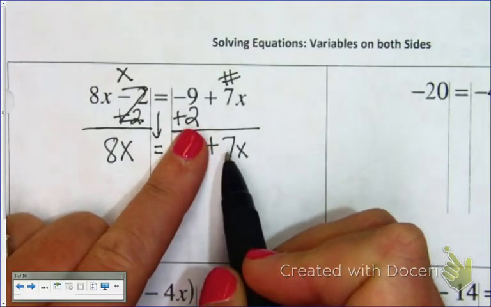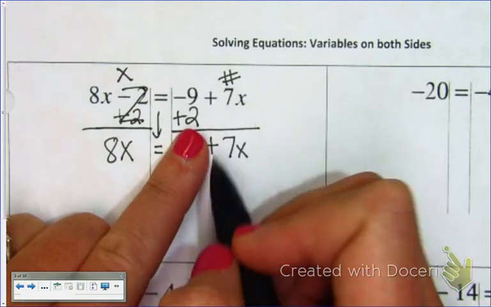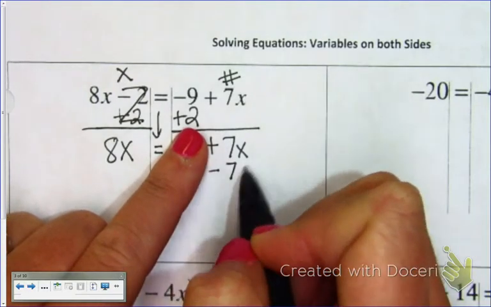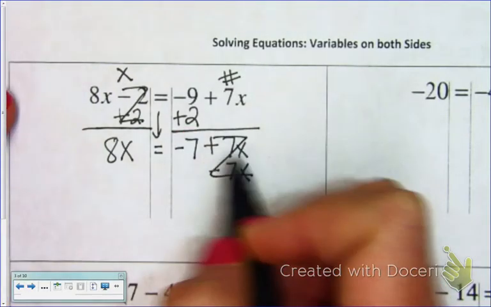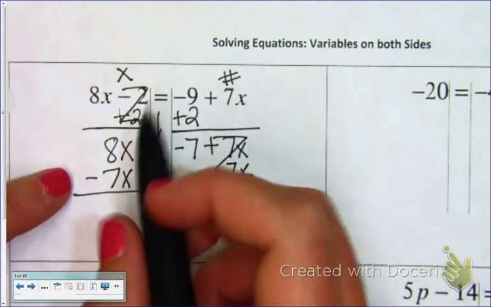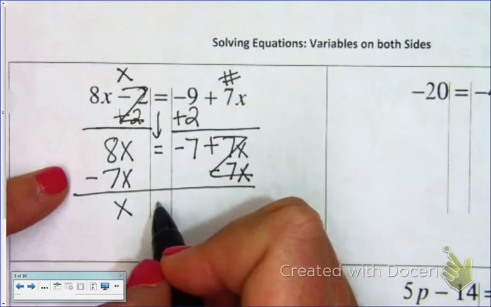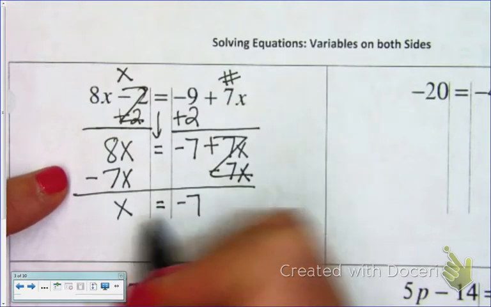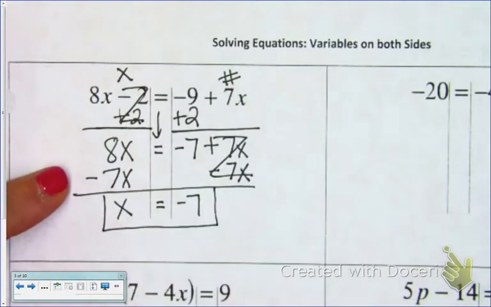In order to make a positive go to 0, we have to do the opposite and subtract 7x, so that becomes a 0, minus 7x over here. So 8x minus 7x gives me x. Oh look, there's our positive 1, and we bring down our negative 7. So x equals negative 7.